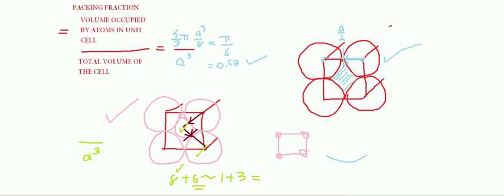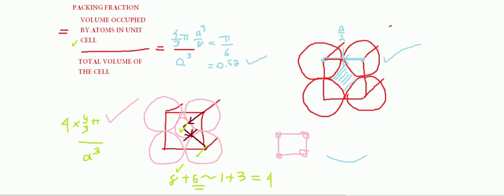So what is the actual number of atoms per cell of a face centered cell? It is 4. So to find the volume occupied by atoms, what are the number of atoms? It is 4, and you have to multiply with the volume of each atom, that is 4 by 3 pi r cubed.